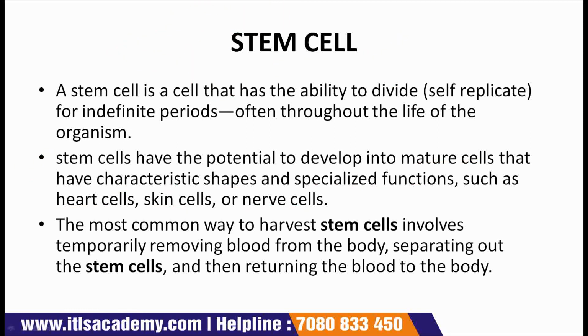So the next point is that the most common way to harvest stem cells involves temporarily removing blood from the body, separating out the stem cells, and then returning the blood to the body.